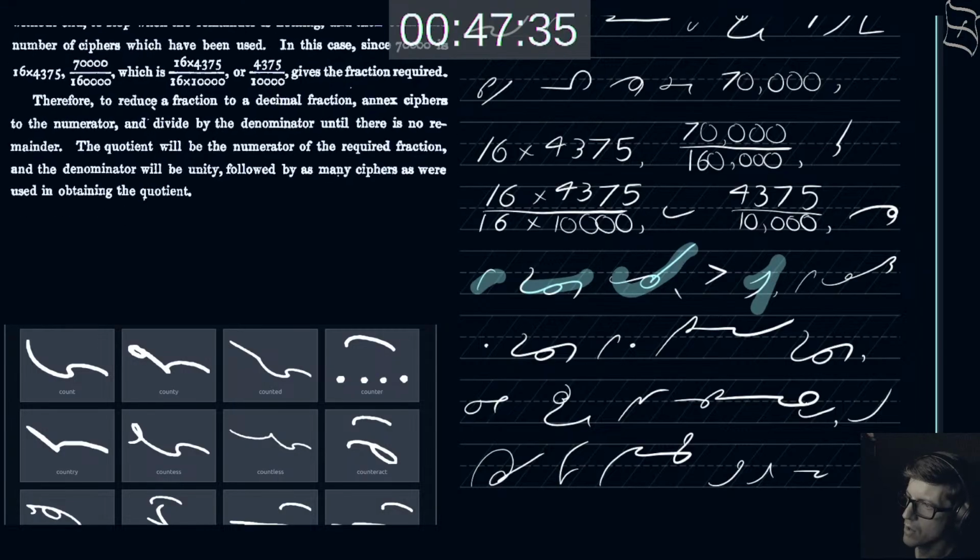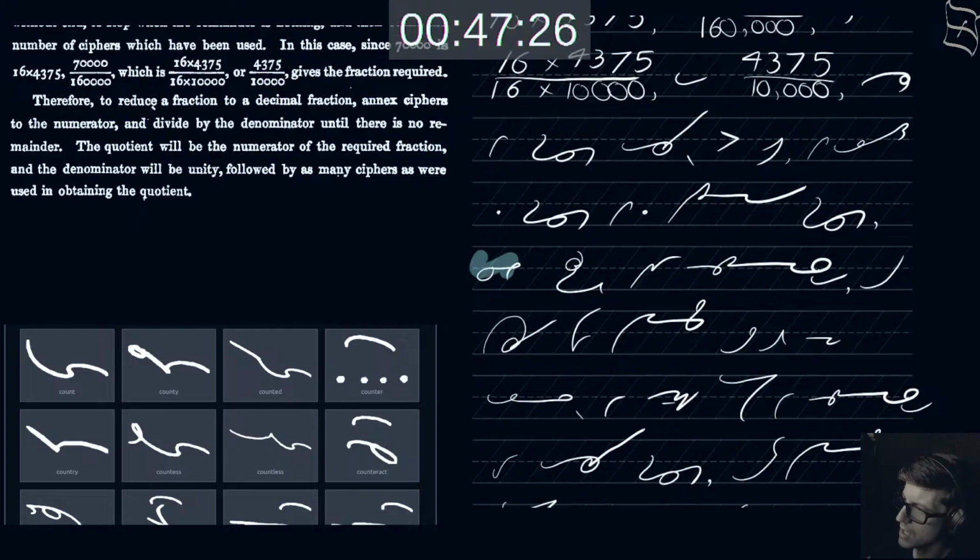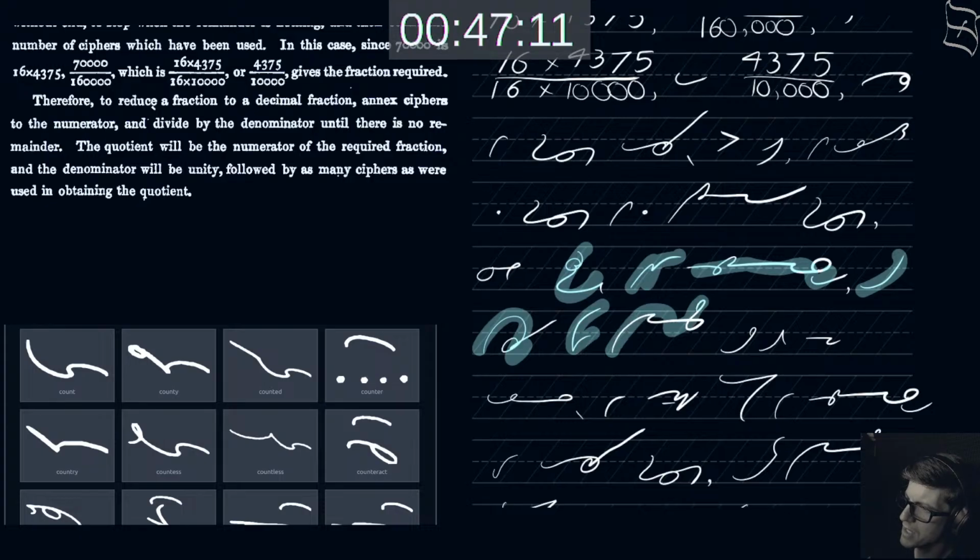Therefore, to reduce a fraction to a decimal fraction, annex ciphers to the numerator and divide by the denominator until there is no remainder.